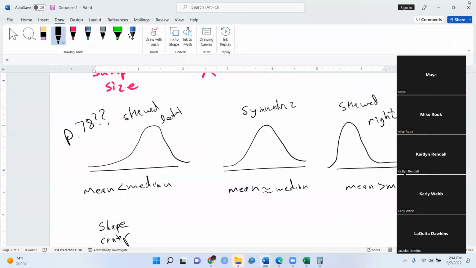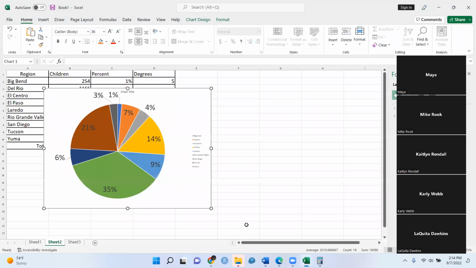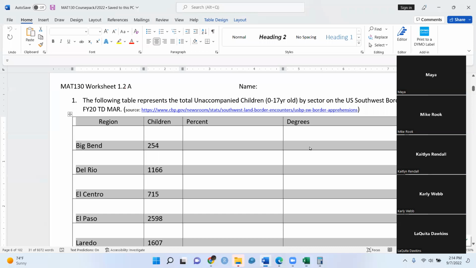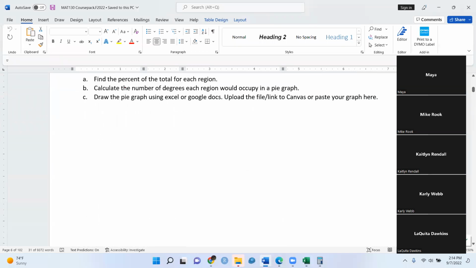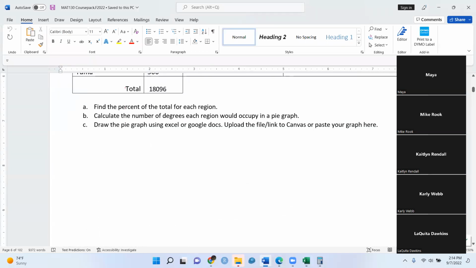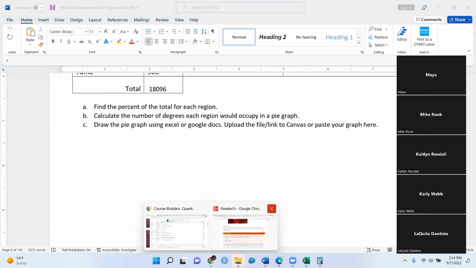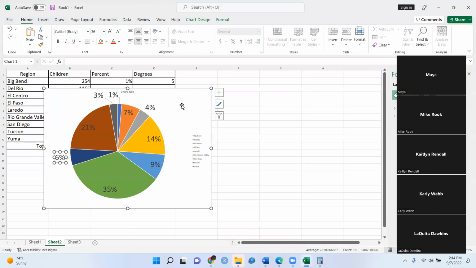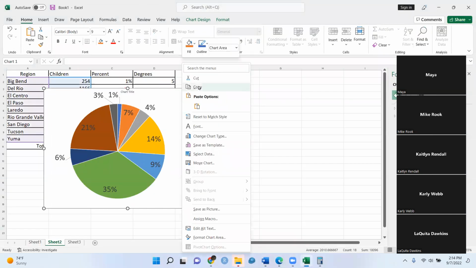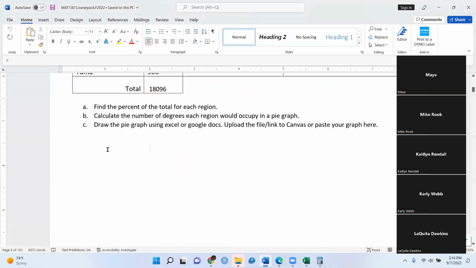So if you are doing this in Word, here where it says upload the file, link to Canvas, or paste your graph here. If you're doing this in a Word document, you can right click this graph and do copy, and then you can just paste it right here.